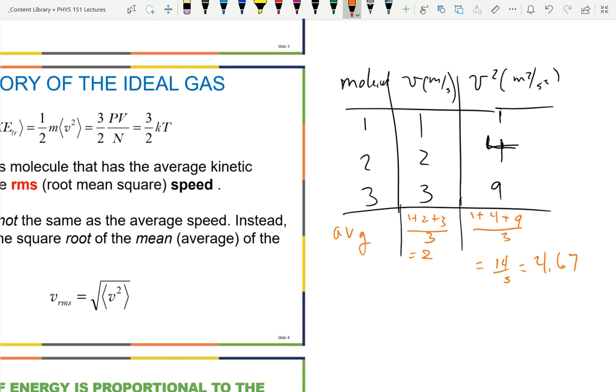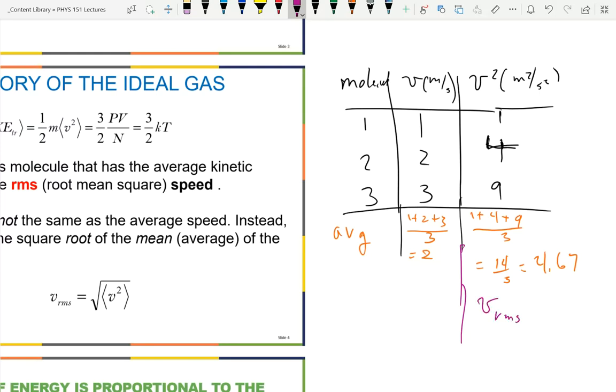So we want to see the difference between the average speed and the square root of the average of the squared speed, because RMS stands for root mean squared. The way you calculate the root mean squared is first you square it, so that's the third column. Then you take the average, that's what we have in the orangish color, and then you square root it.